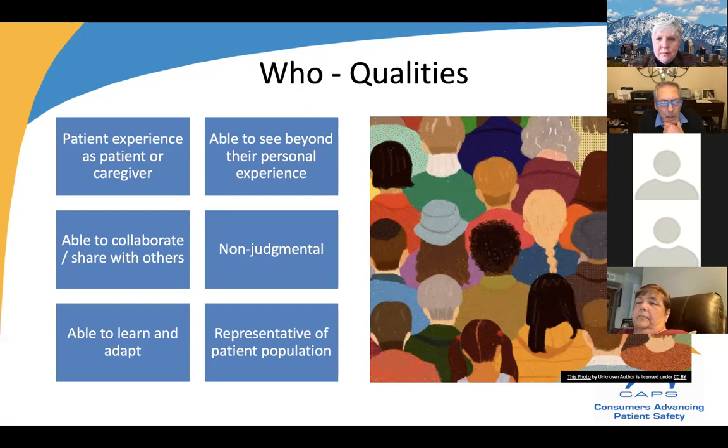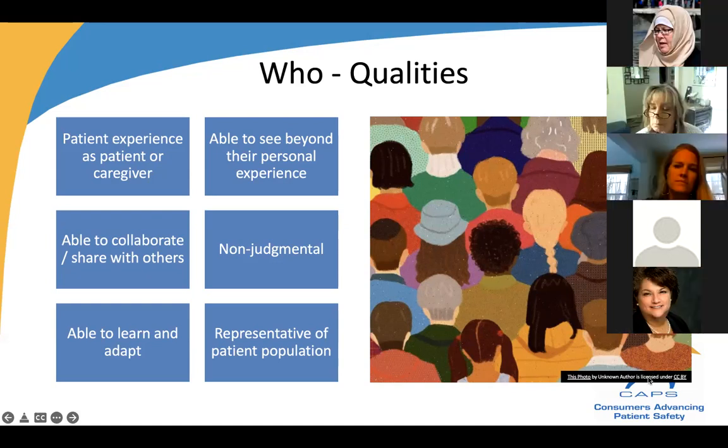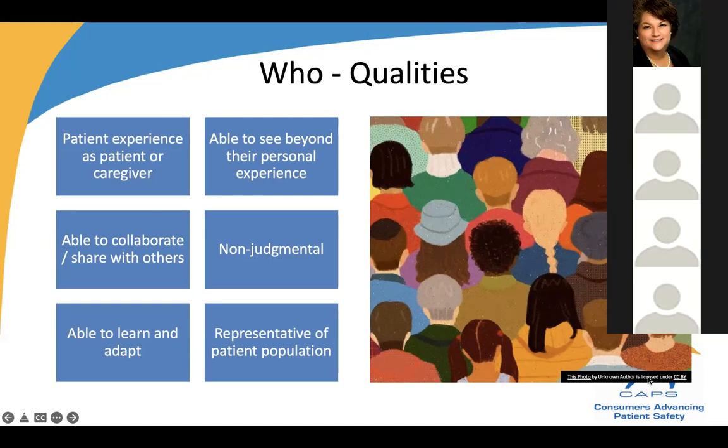When we talk about qualities on who you recruit, the patient or the caregiver really has to be able to see beyond their personal experience, right? They have to be able to offer their views on how to make the healthcare better.